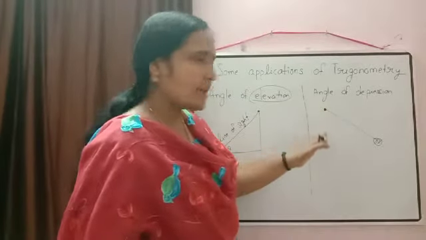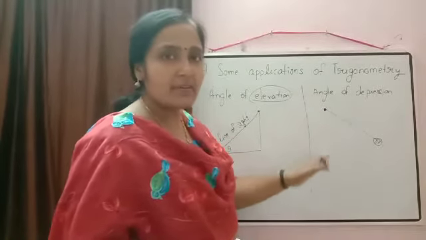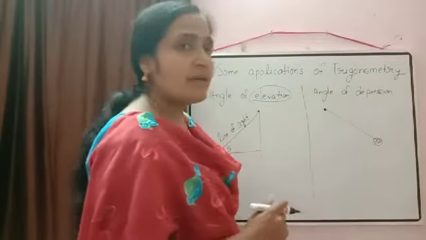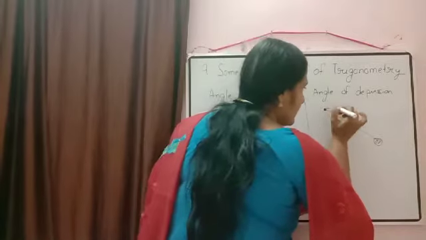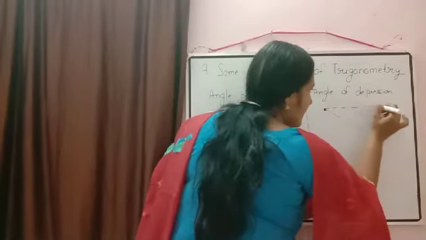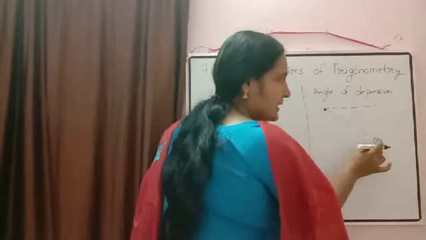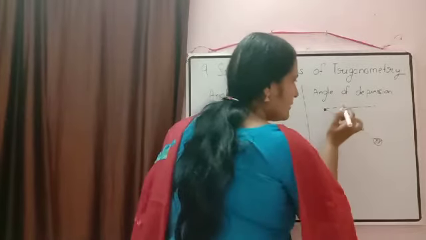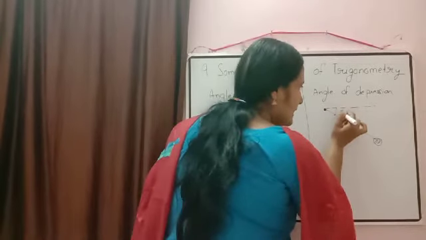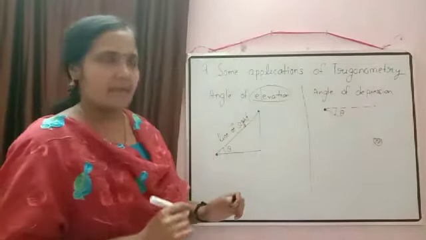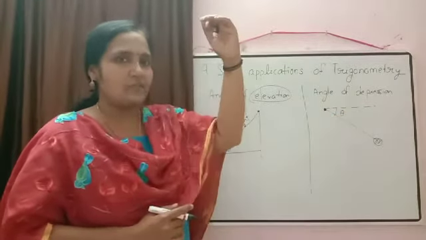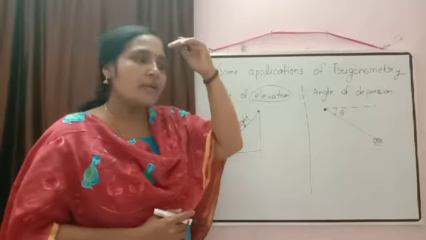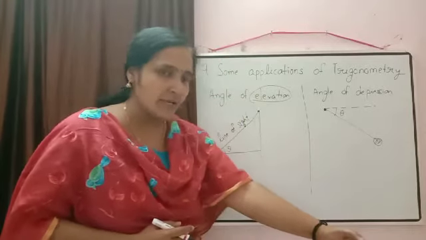Correct? But obviously the angle is between the line of sight and the horizontal line. In this way we cannot draw a horizontal line, that is a vertical line. So how can we draw a horizontal line? Here, in this way. Then the angle between the line of sight and the horizontal line is called the angle of depression. So the angle of depression will be formed when you are at the top and looking at an object at the bottom.